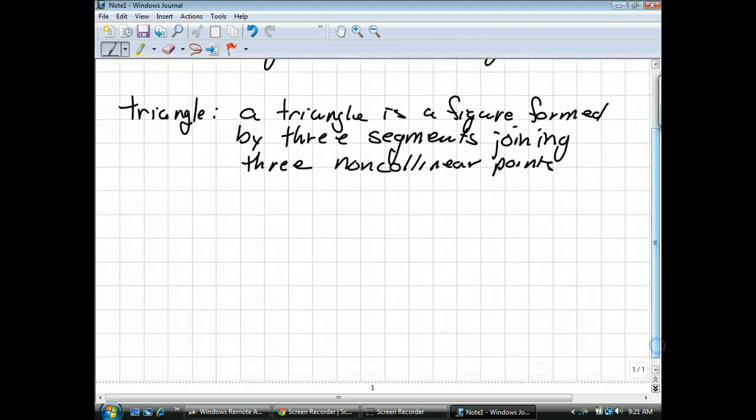Okay, so if I have point A, B, and C, so those are three non-collinear points, and if I make segments, then that forms a triangle.